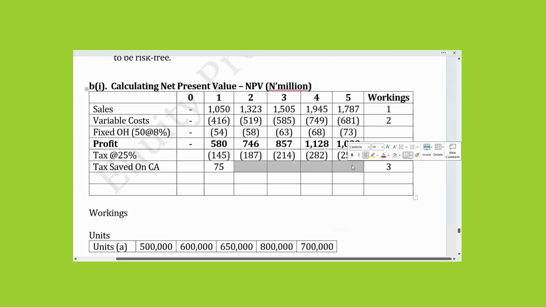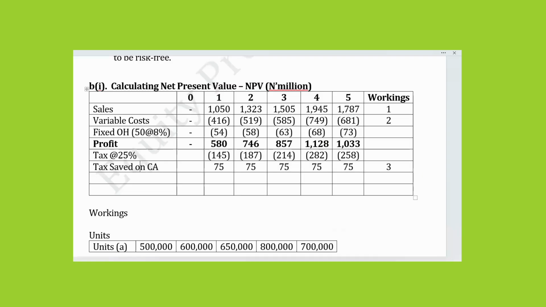Tax saved on capital allowance must follow the pattern of your tax liability. If your tax liability is in the current year, your tax saved must also be in the current year. If your tax liability is in arrears, your tax saved must also be in arrears.